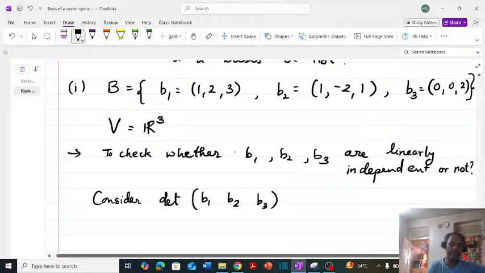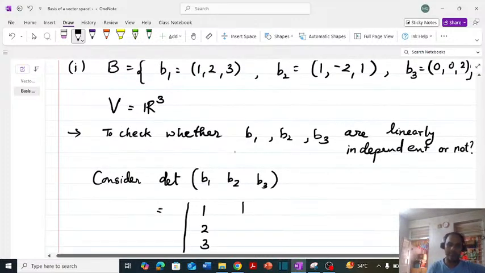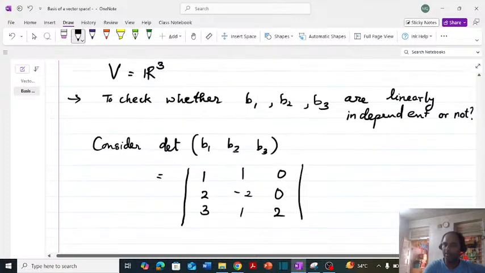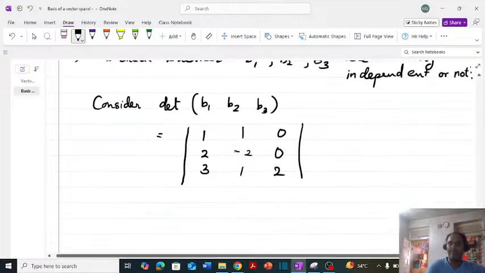You write all three vectors in columns: 1, 2, 3; 1, -2, 1; and 0, 0, 2. Now you calculate the determinant of this matrix.